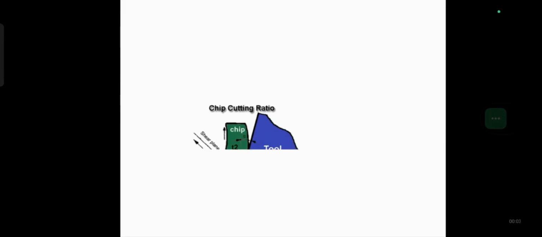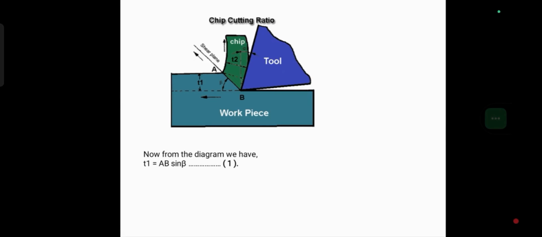And now we will see chip thickness ratio in terms of alpha and beta. From the diagram we have T1 equal to AB sin beta, which is equation number 1. T2 equal to AB cos(beta minus alpha), which is equation number 2.